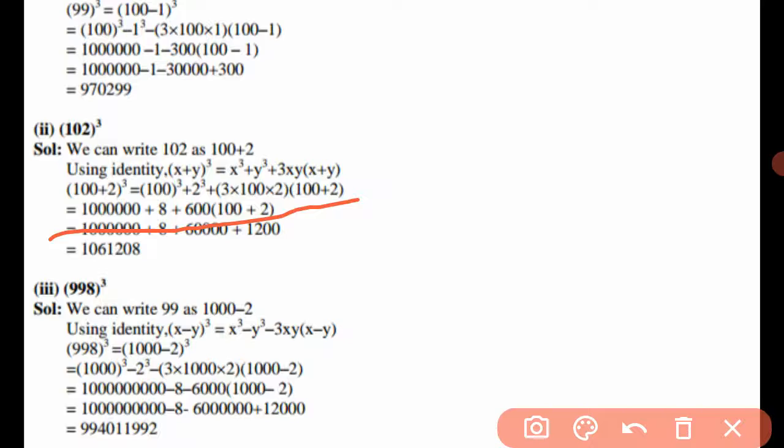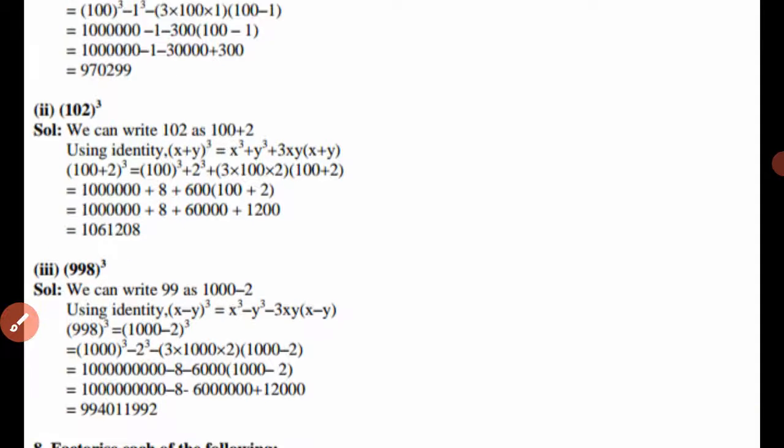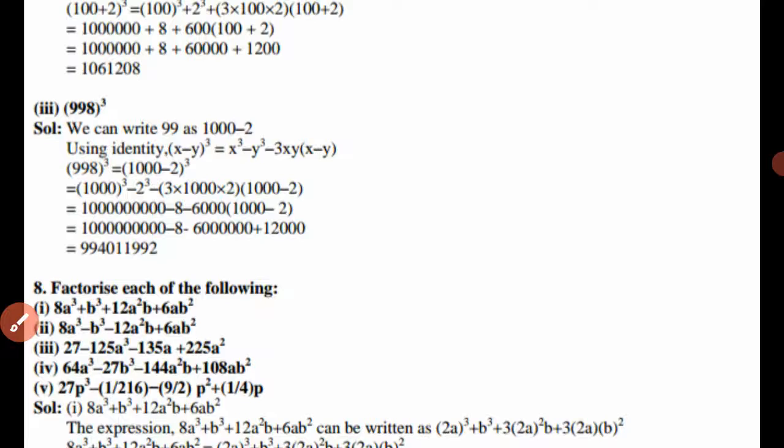By solving it, it will be equal to 1061208.